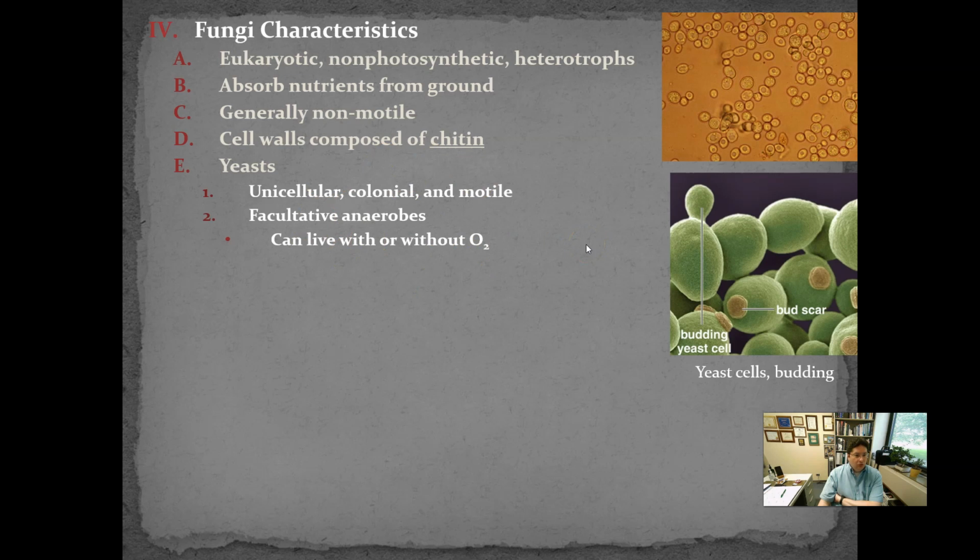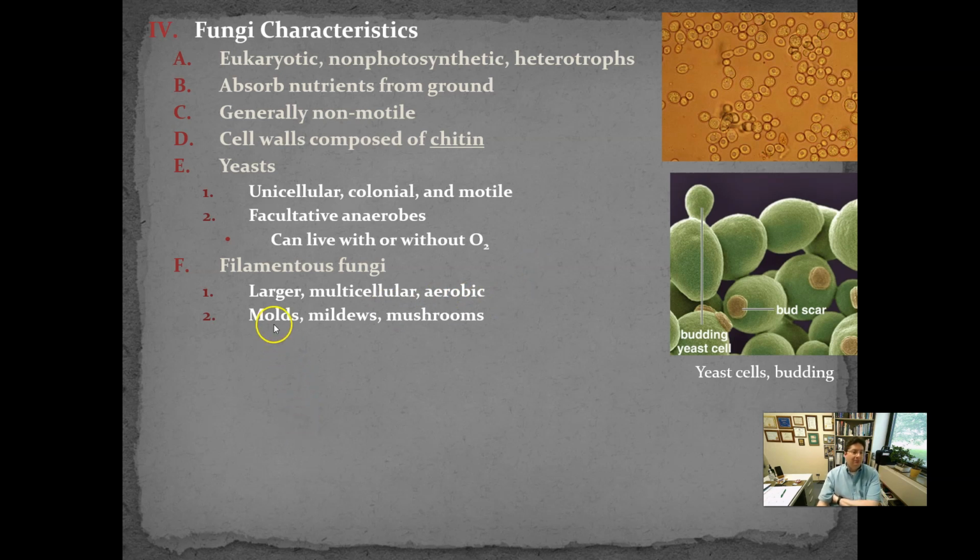The second group is filamentous fungi. These are larger, they're composed of more than one cell, and they do need oxygen. They're aerobic. What are they? Molds, mildews, and mushrooms. And a mildew, everyone, is basically just a mold that prefers damper or moister conditions.